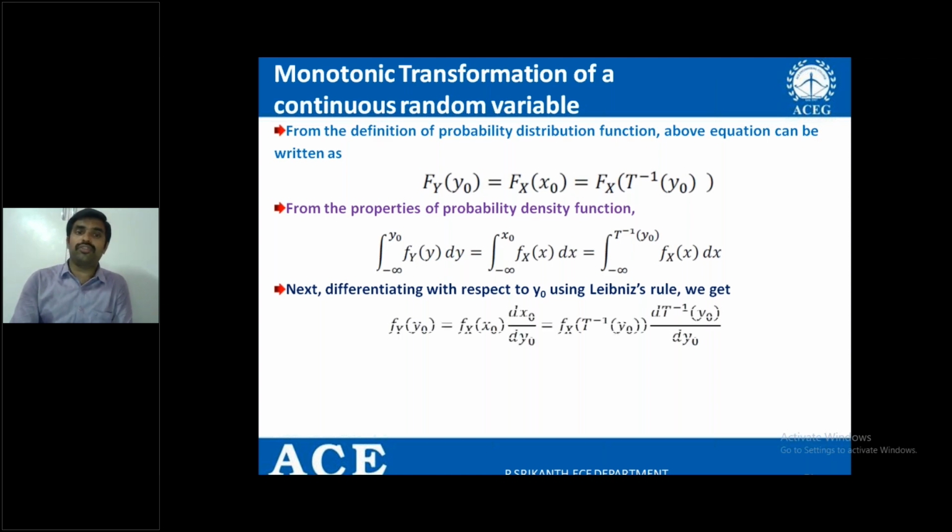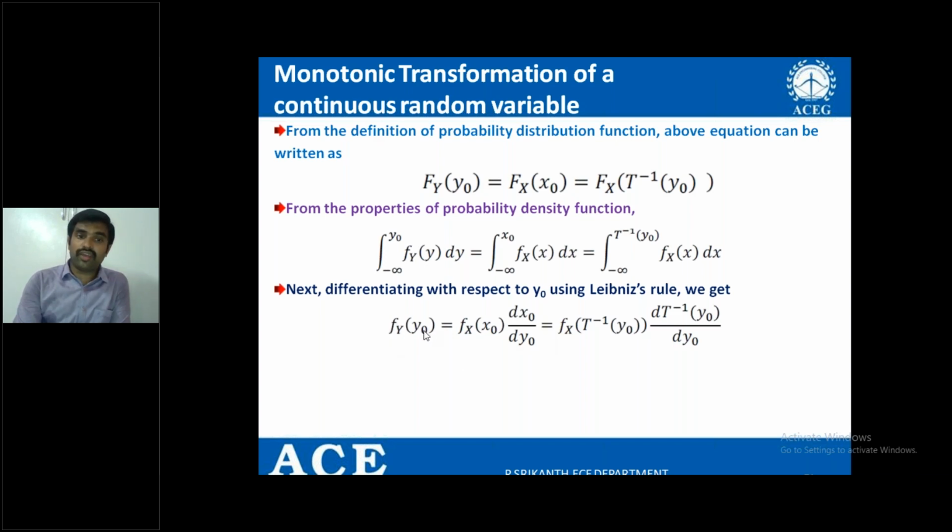So I can derive the relation between the new density function and the existing density function by using the Leibniz rule. You are aware of the Leibniz rule in mathematics. Taking the Leibniz rule, I can write the result of this integration as f_y of y naught equals f_x of x naught into dx naught by dy naught. Why?